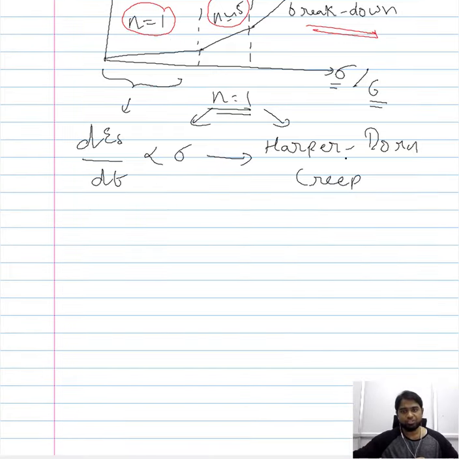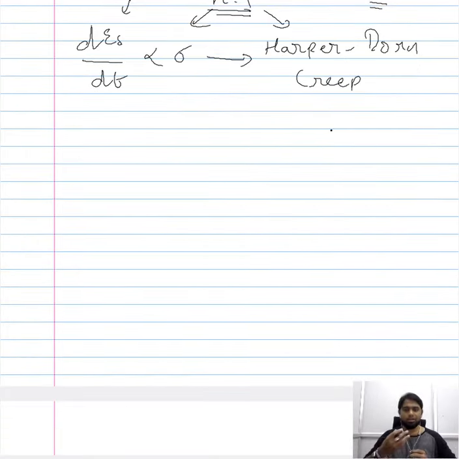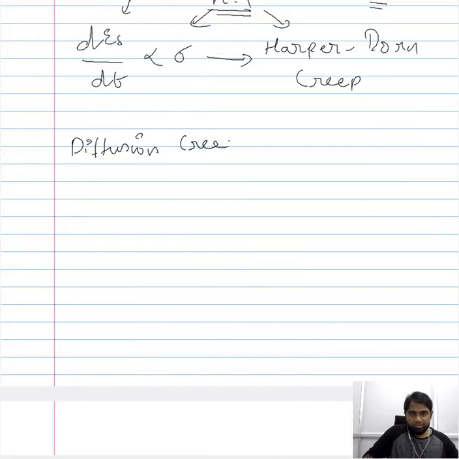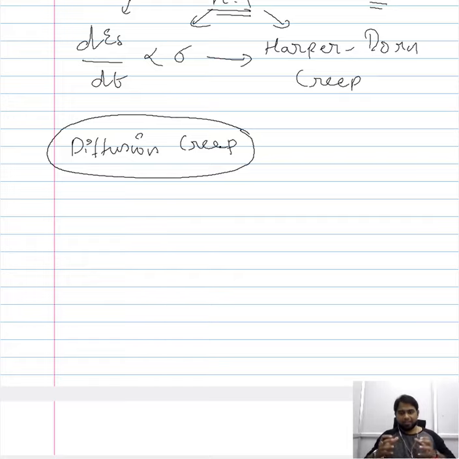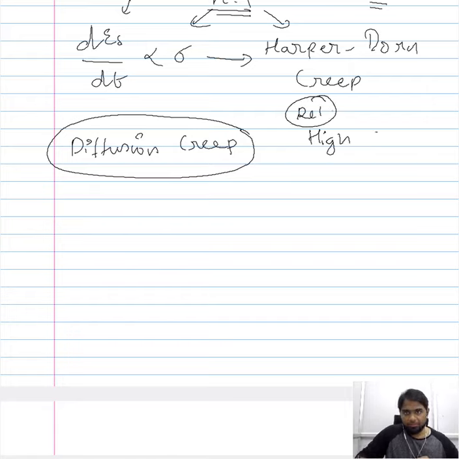Now in this lecture, we will look into a new creep mechanism that is referred to as the diffusion creep. This is the new mechanism that we will be looking at in this lecture. The combination of characterizing factors that introduces this creep mechanism is, again, relatively high temperature and low stress.